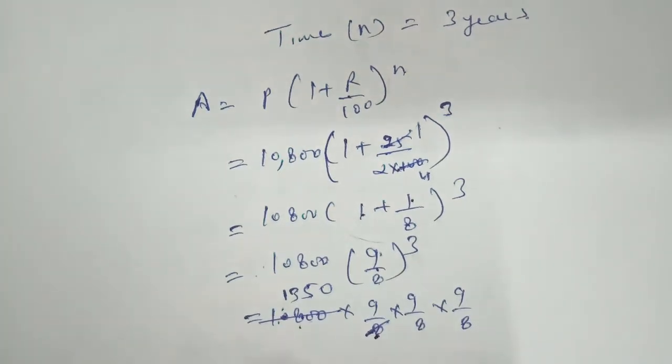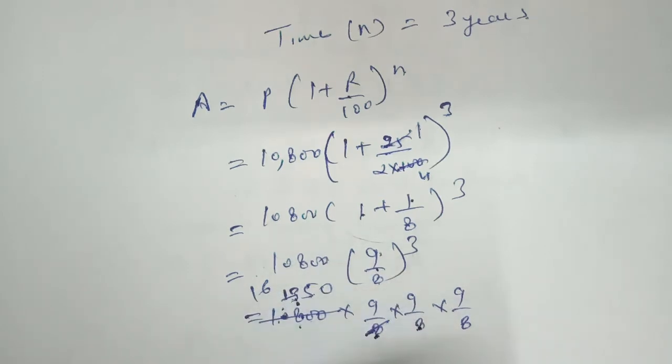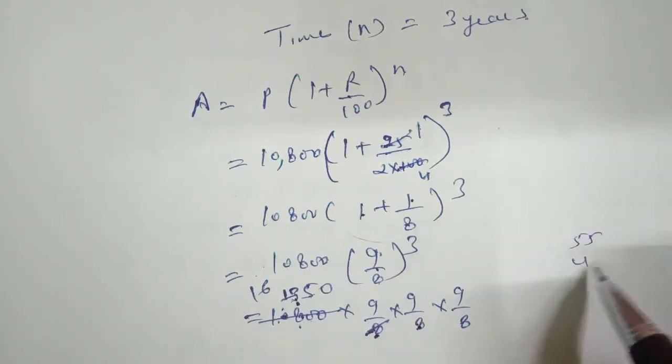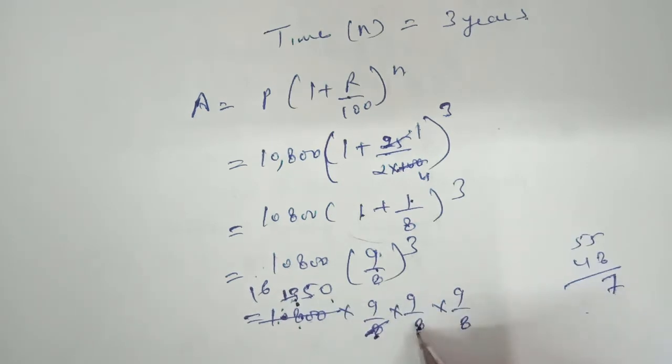Again with the table of 8 we try whether it cancels or not. 8 sixes are 48, and 55 minus 48 leaves 7, and 70 does not come in the table of 8.